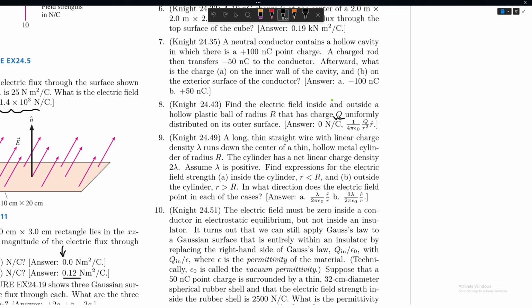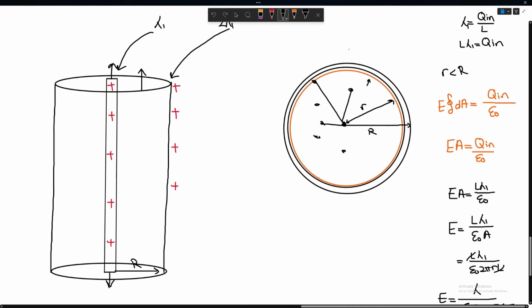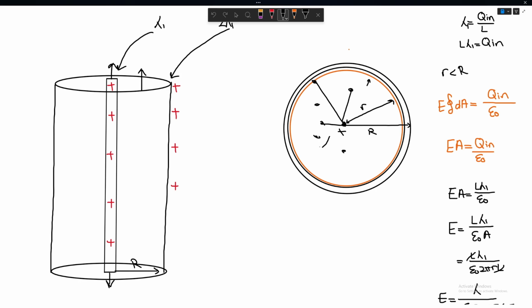Alright, now part B. Outside the cylinder, in what direction does the electric field point in each of the cases? Well, we know on the inside, since this is positive, the electric field will point outwards. So that's that.